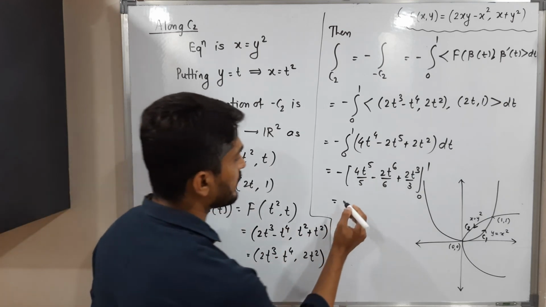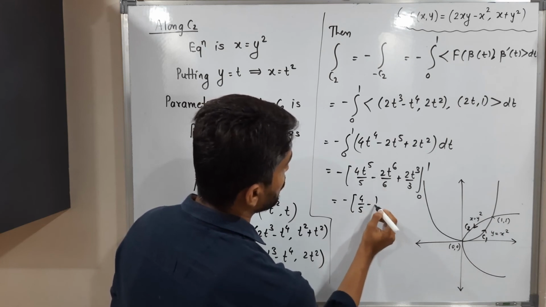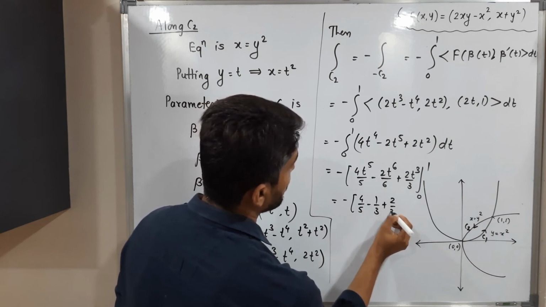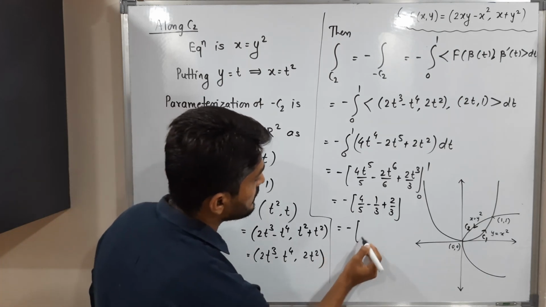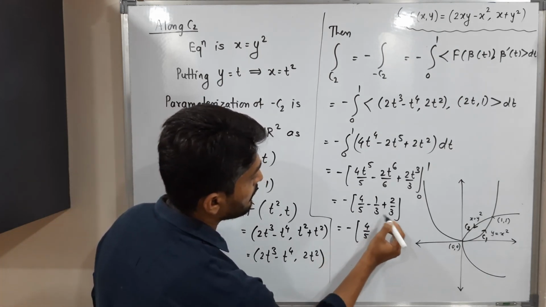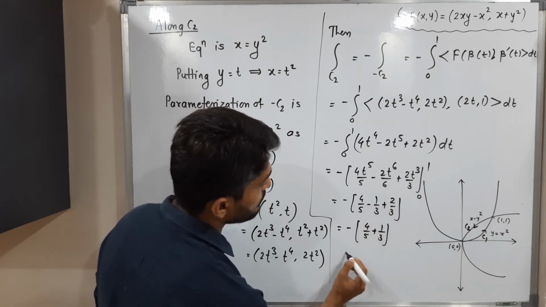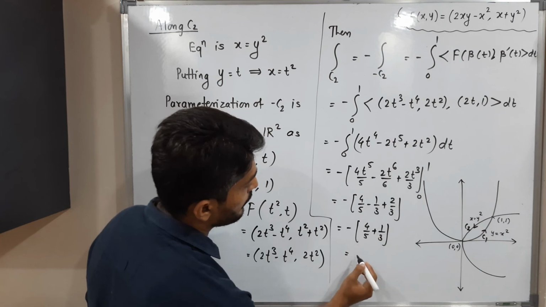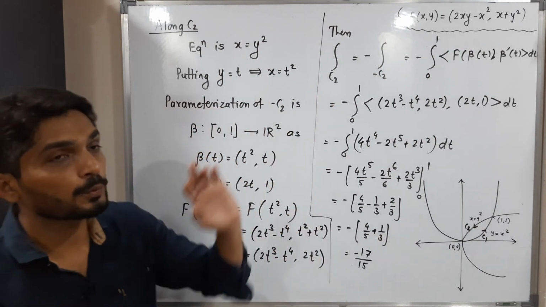So let me write directly minus, this is 4 by 5, minus 2 by 6, that means 1 by 3, and plus 2 by 3. If you put 0, you will have 0 obviously. So minus, this is 4 by 5, and 2 minus 1, 1 by 3, having the same denominator. If you cross multiply, this will be 12 plus 5, that means minus 17 by 15. This is the value of the line integral over C2.